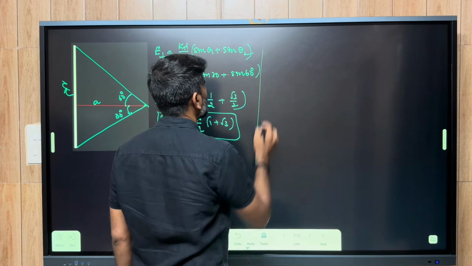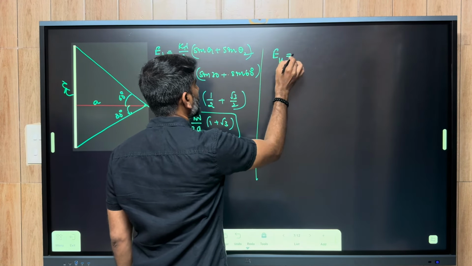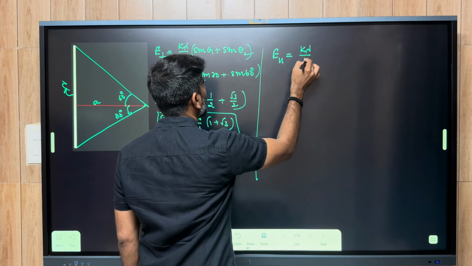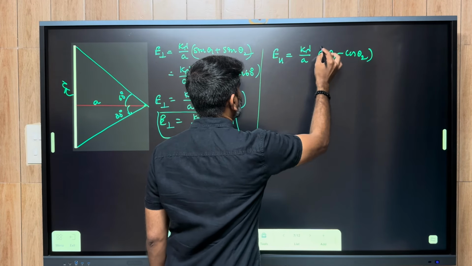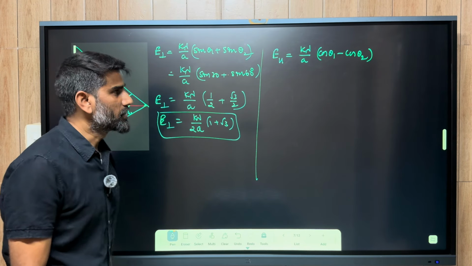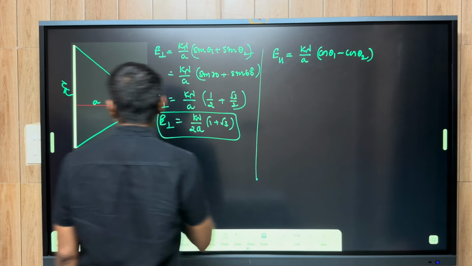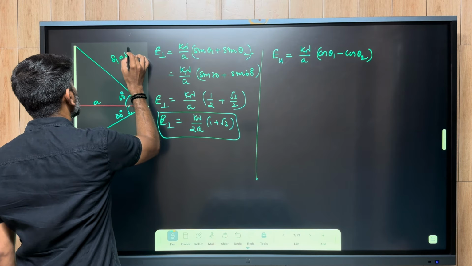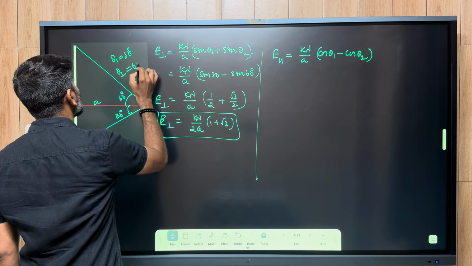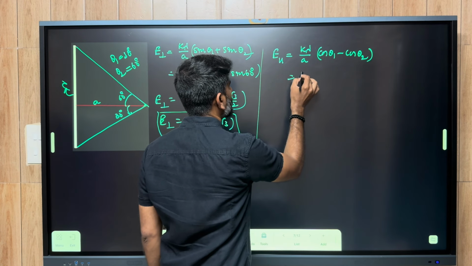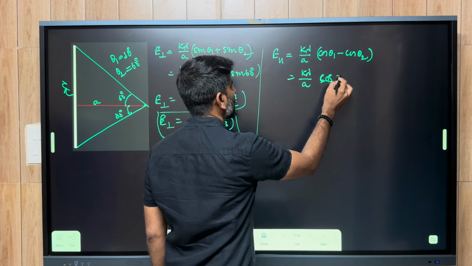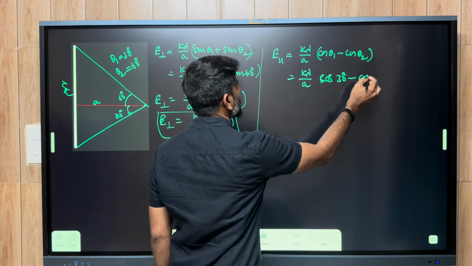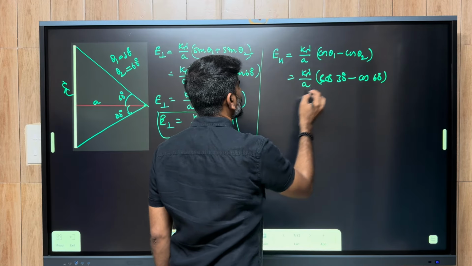Now coming to the parallel component, E parallel is equal to k lambda by A (cos theta 1 minus cos theta 2). Similarly, here theta 1 is 30 degrees and theta 2 is 60 degrees.